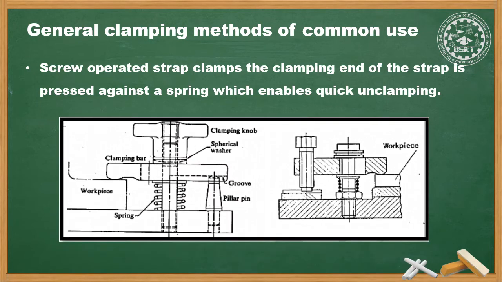As shown in the figure, a clamping knob is provided with which we can turn and easily unclamp the workpiece. This type of clamping method is used for easier operation and to minimize operator fatigue.